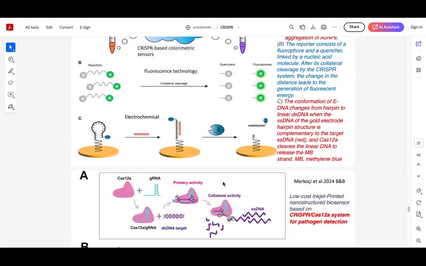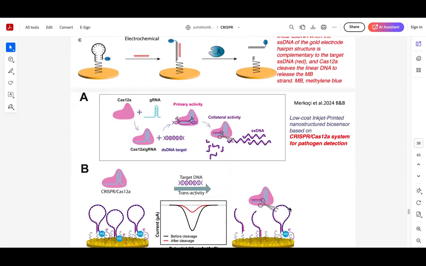So what I have discussed with you just now is the principle of how the biomarker based on CRISPR technology is developed. Once the biomarker is prepared, then we can use the biomarker or the bioreceptor in an electrochemical-based or optical-based sensor. So this is what I would like to share with you today.